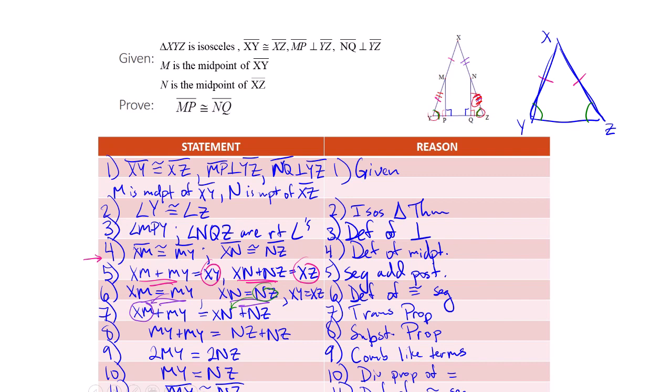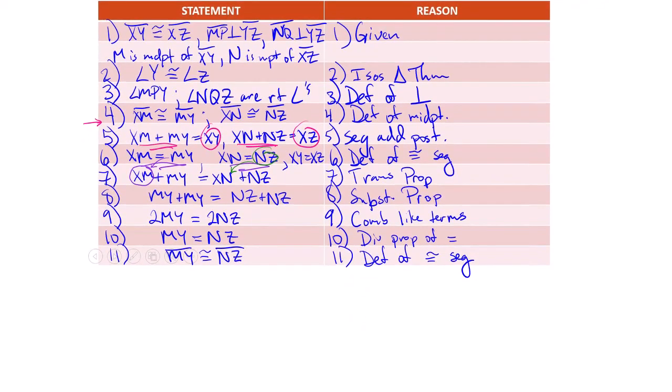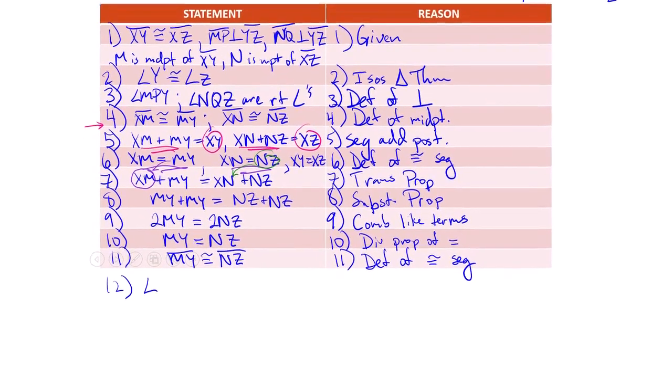So that's what I'm going to use on this one. Since these two are right angles, they must be congruent. Angle MPY is congruent with angle NQZ, because all right angles are congruent.